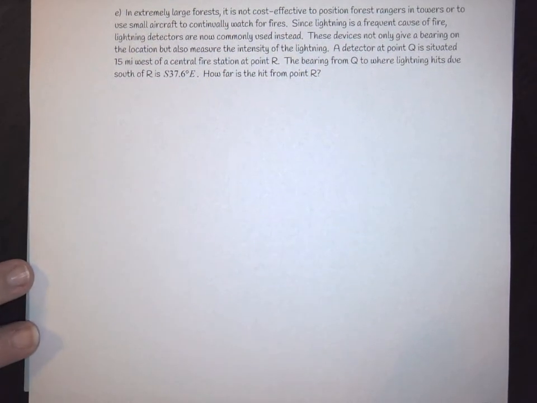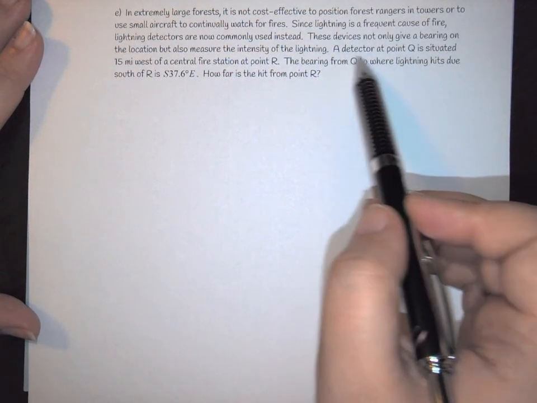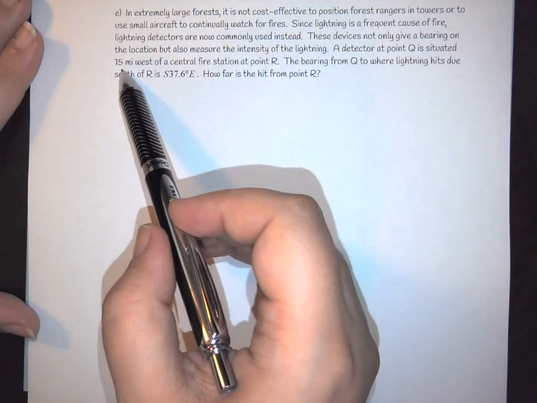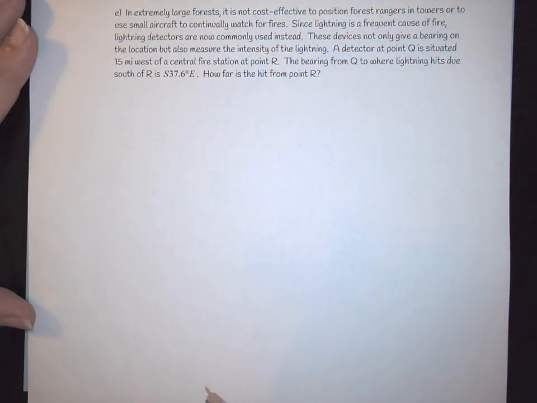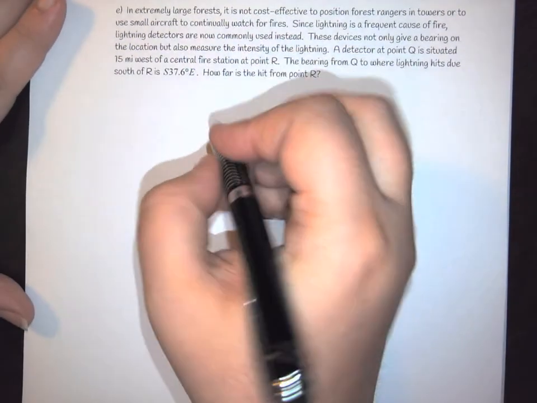So we need to draw this picture. First and foremost, we need to pick a place to start. I would say we start right here in the beginning, where we're talking about a detector at point Q situated 15 miles west from a central fire station. So first, we have a fire station.